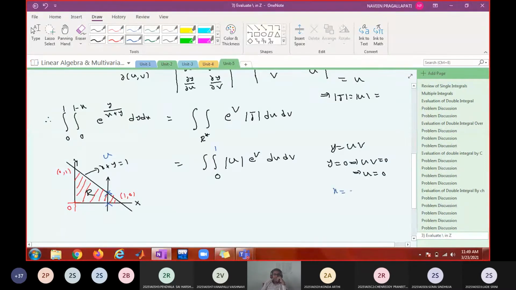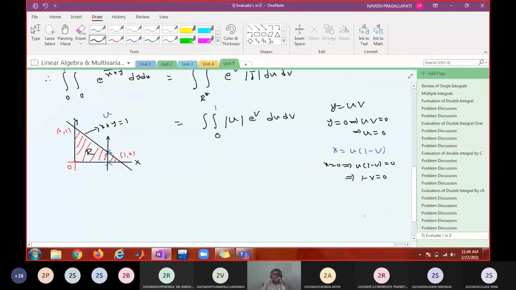So we have x equal to u into 1 minus v. And what are the x limits? x equal to 0 means what? x equal to 0 implies u into 1 minus v equal to 0. That means 1 minus v equal to 0.